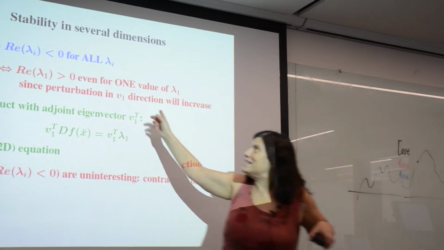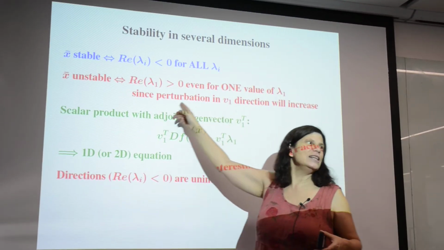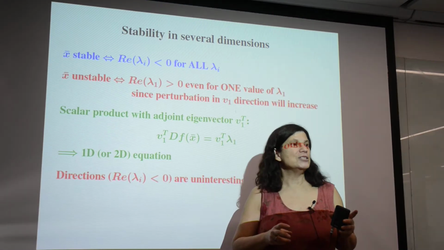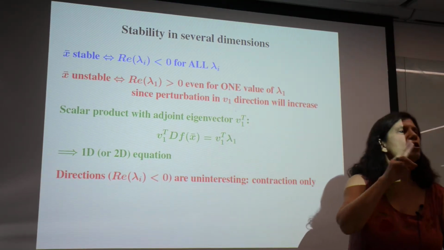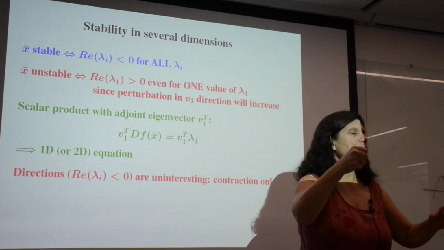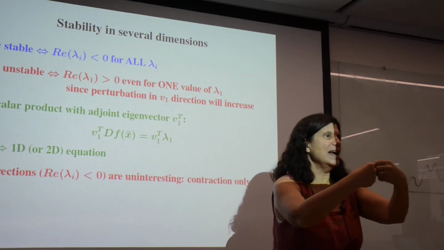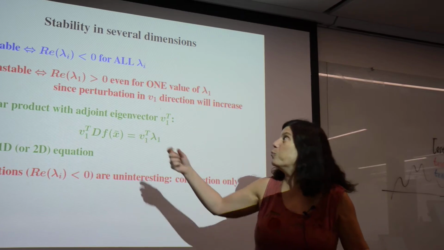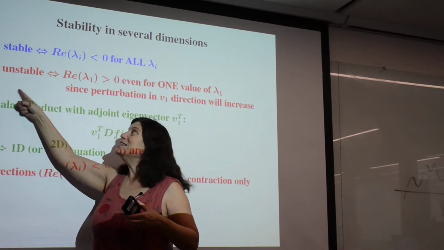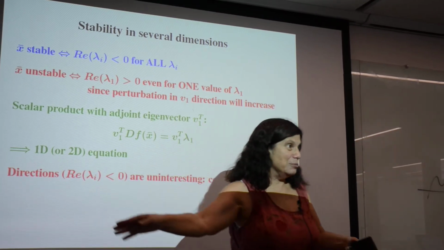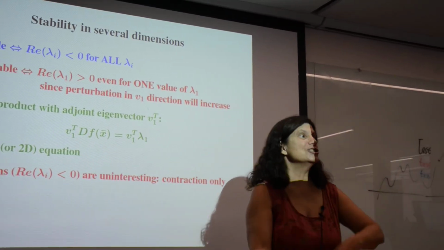So what this phrase is telling you is that you don't have unstable points. You have saddles. So when we saw in our little one-dimensional problems a stable point and an unstable point colliding, the stable point was stable in all directions. But the unstable points were not unstable in all directions. They were stable in some directions and unstable in the others.